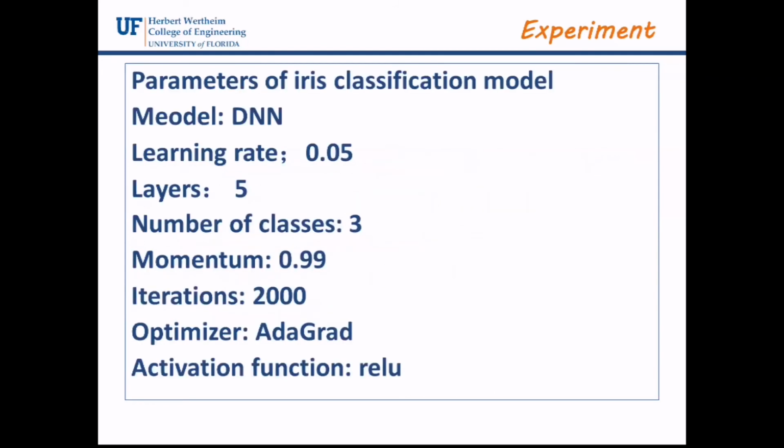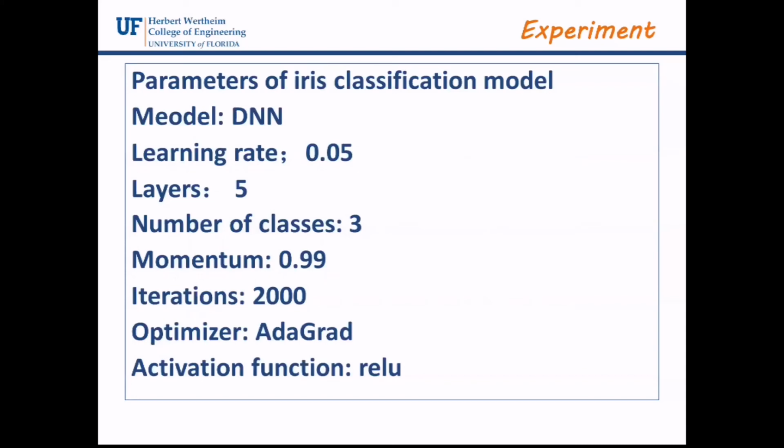So for the classification models, I use deep neural networks without convolution. And with the learning rate, after testing, 0.05 is a good parameter, with 5 layers: one input layer, one output layer, and 3 hidden layers.